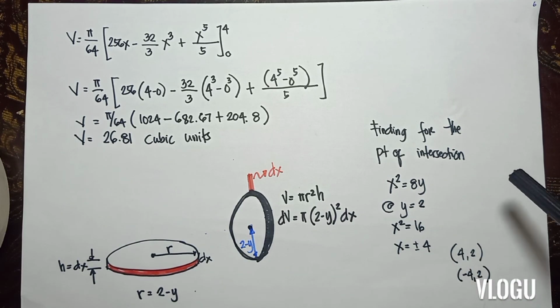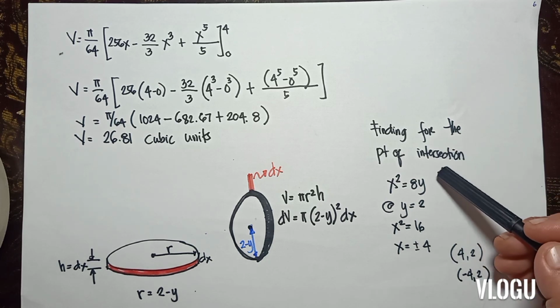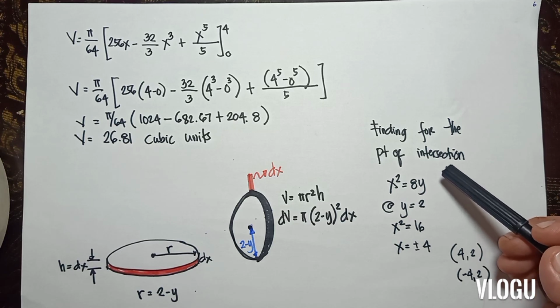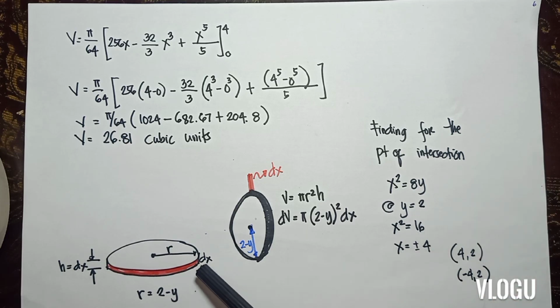So I have here shown how to find the point of intersection, which I have discussed a while ago. And then here is the figure for our disc. So we have here the radius and the thickness, that is dx. So radius, that is 2 minus y.